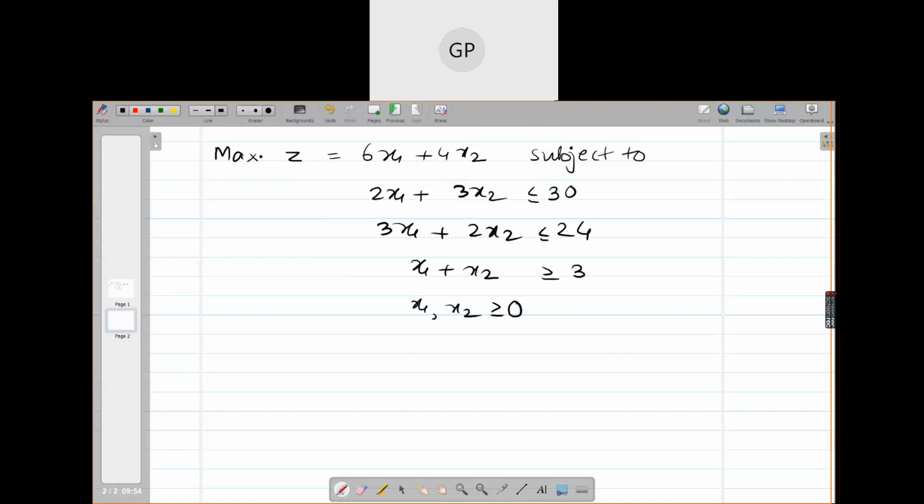Yes, the standard form. The first two are less than or equal, and the third one is greater than or equal. So what do we have to do in the first constraint?